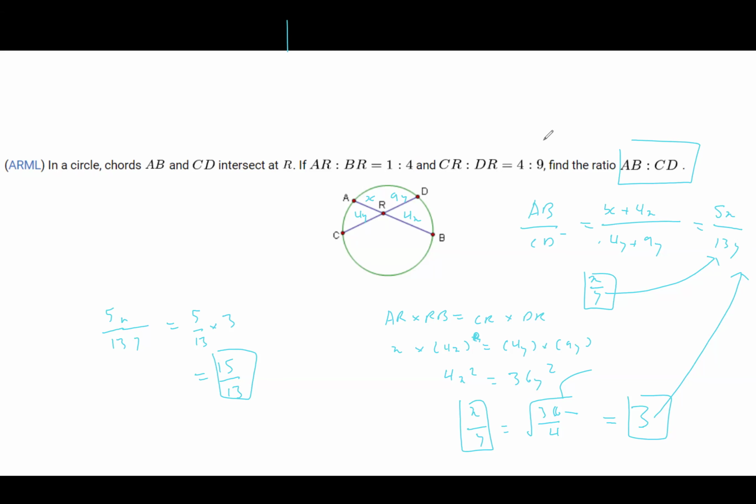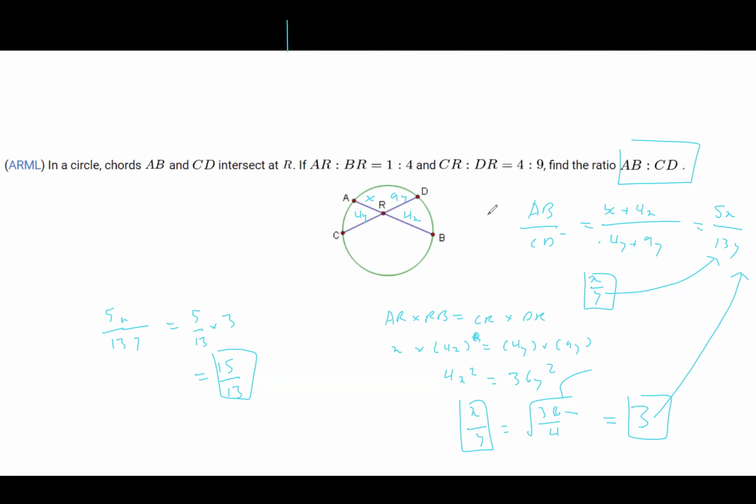Can we prove AR times RB equals CR times DR? The reason why I don't want to cover the proof for this theorem is it will take too much time and we still have a lot of content. I'm happy to send some links to a proof of this theorem.